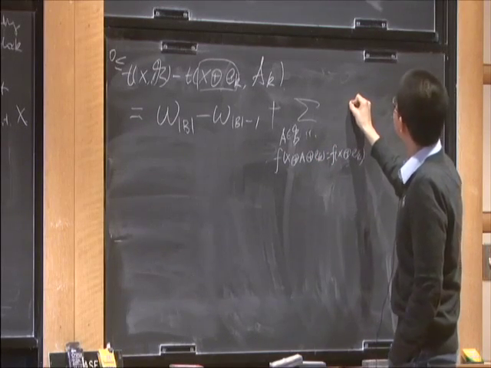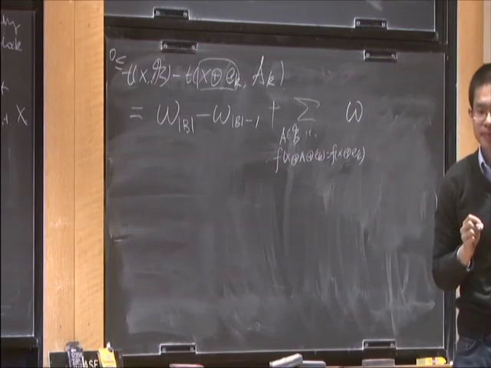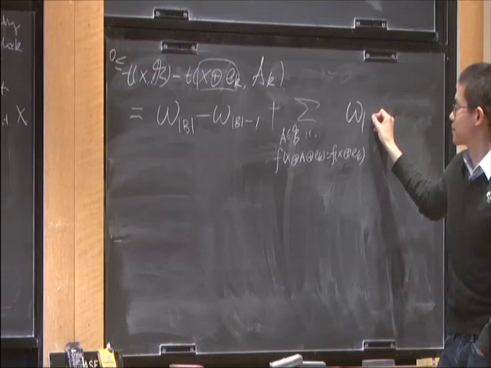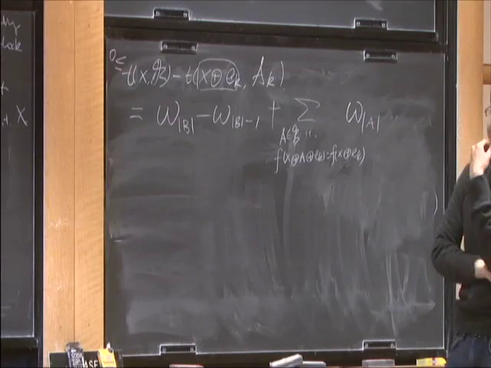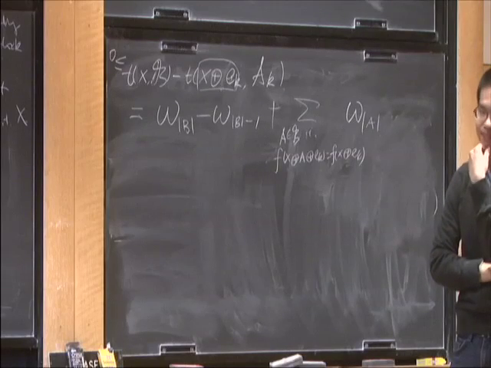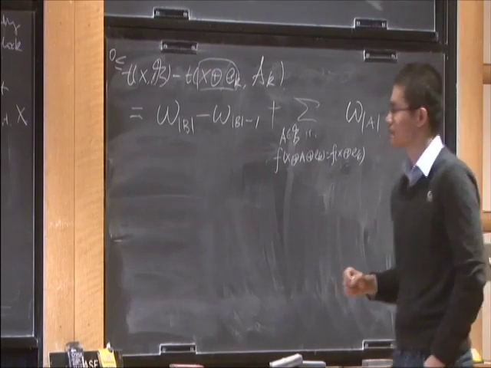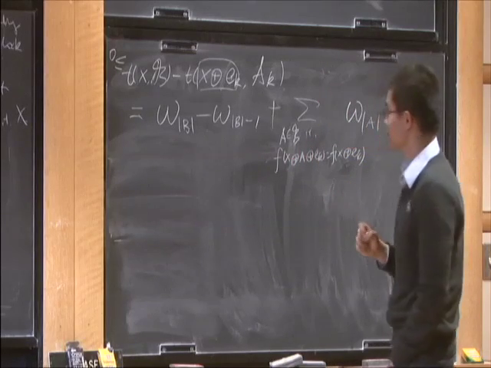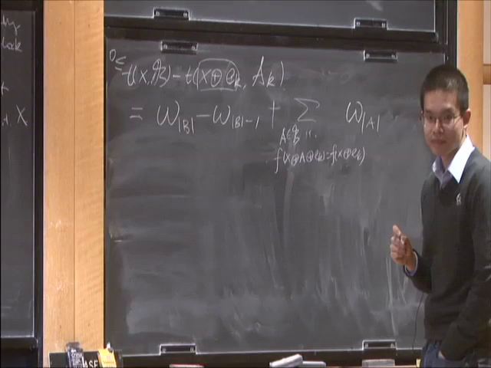It's possible that you have some block other than B that was sensitive for X, but it's not sensitive for X plus EK, where f of X equals f of X plus EK. It's quite possible. Just look at the general function.